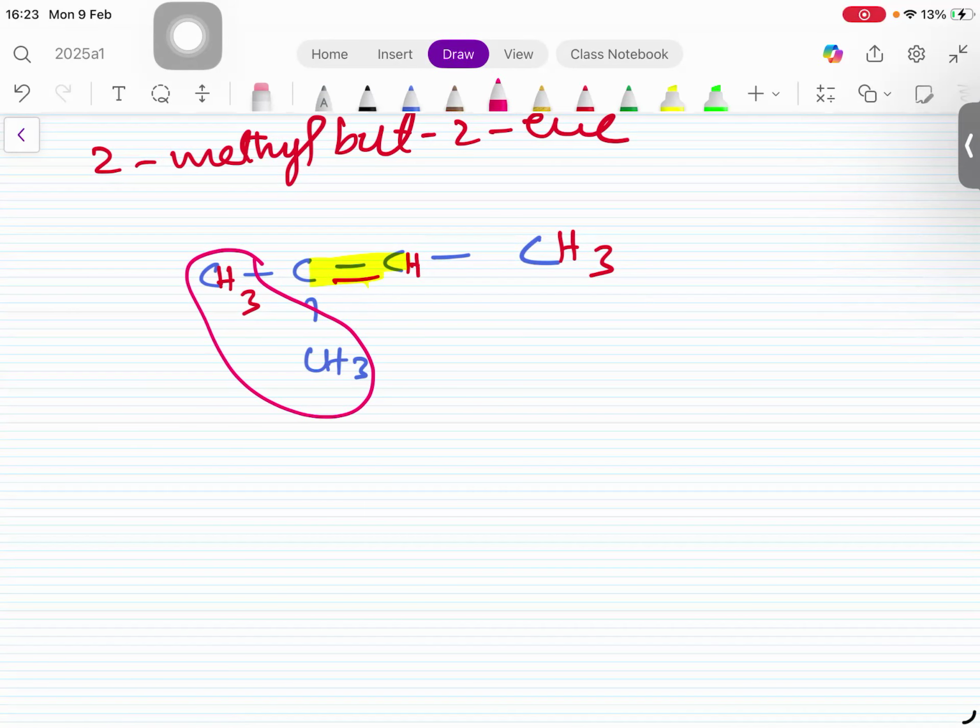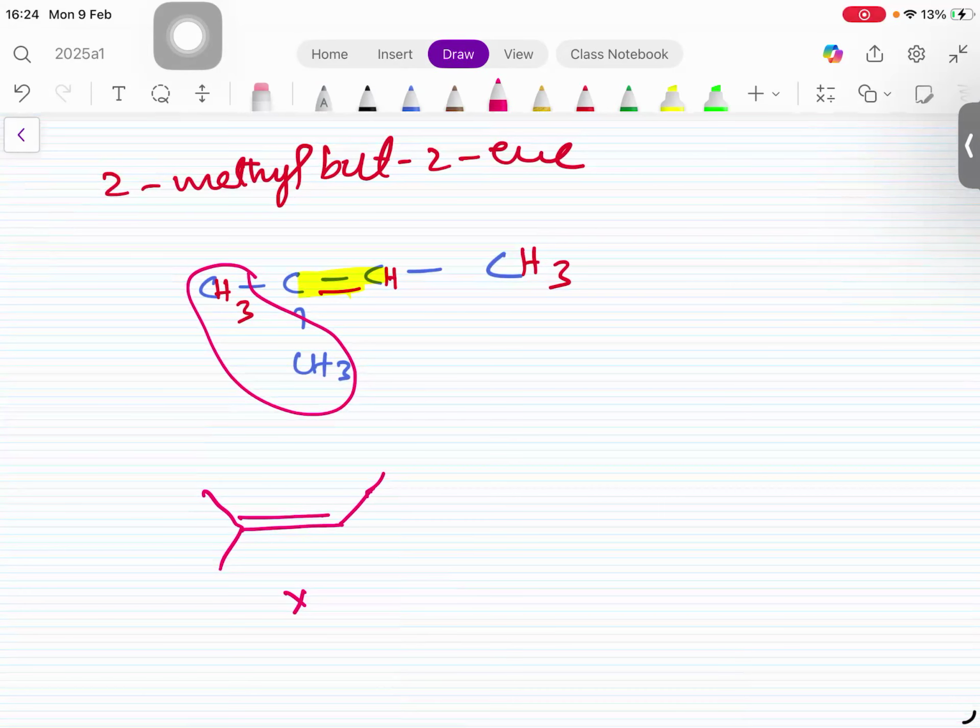There are two CH3s here. So there is no cis trans isomerism because two CH3s are attached. If two CH3s are there, you cannot have the phenomenon of cis trans isomerism.